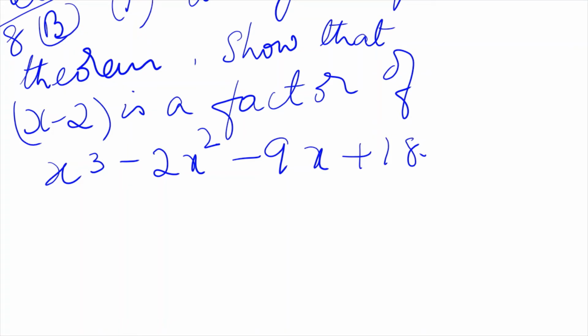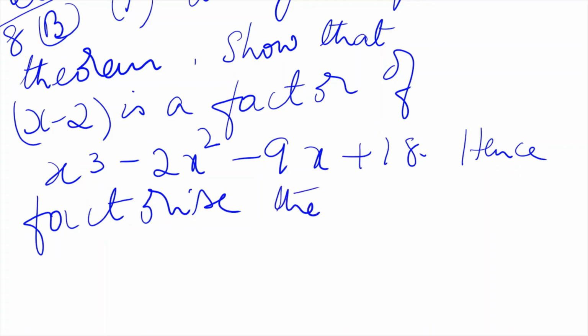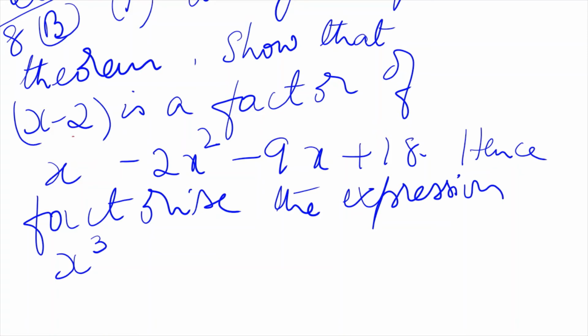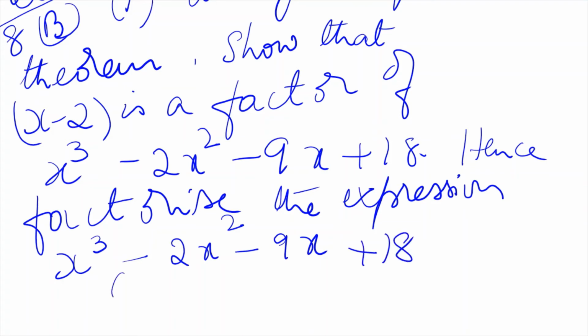Hence factorize the expression x cube minus 2x square minus 9x plus 18 completely.